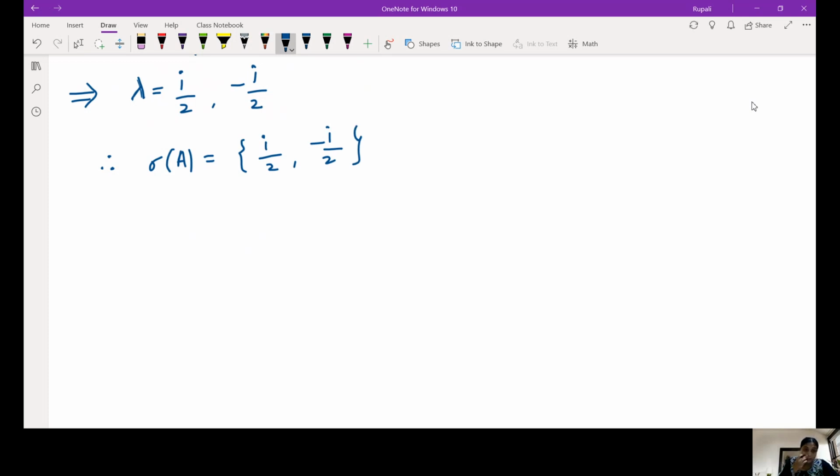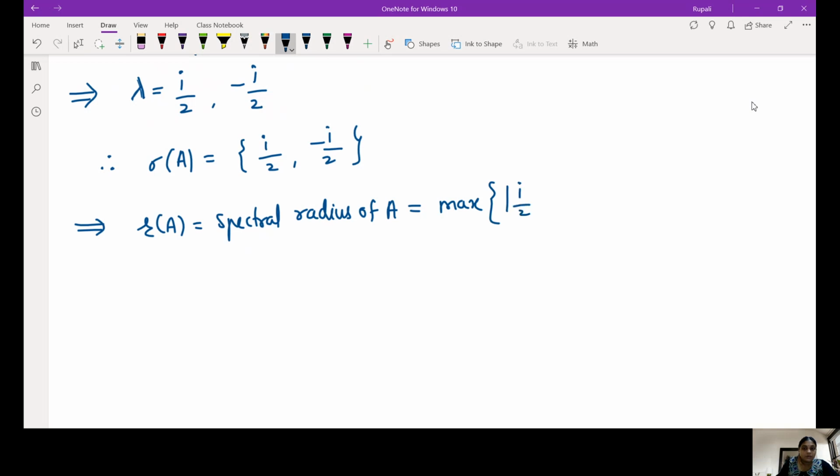And what is the spectral radius of A? The spectral radius of A is nothing but the maximum of mod of i by 2, comma, mod of minus i by 2. So what is the mod of i by 2? It is 1 by 2, right?